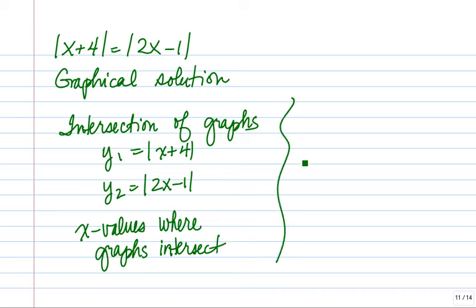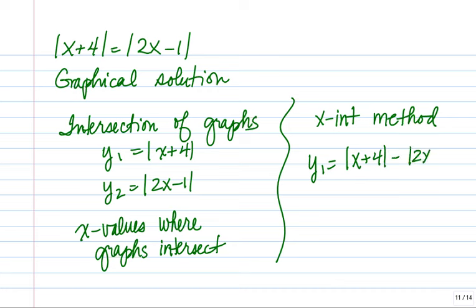The other method is the x-intercept or 0 method. In y1, we would enter the absolute value of x plus 4 minus the absolute value of 2x minus 1, and then just find the zeros of that function. Okay.